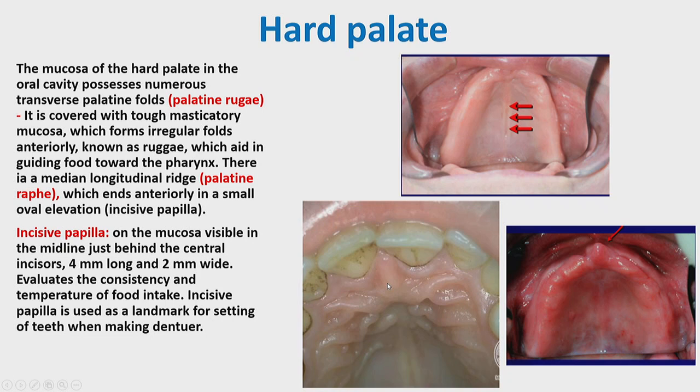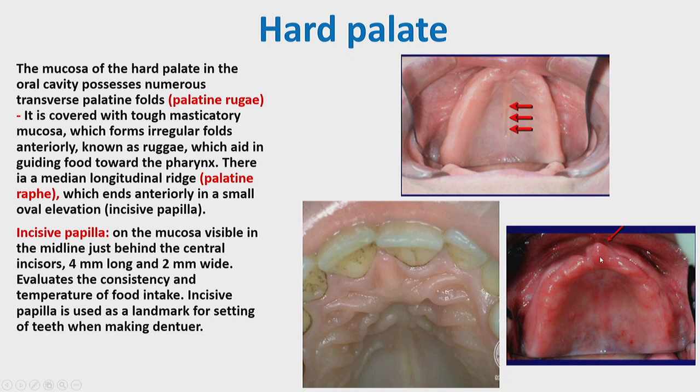When you are eating, there is very rich innervation here in the incisive papilla, and that is why it has an important role in evaluating the consistency and temperature of the food intake. This incisive papilla is also a landmark for when the dentist wants to make an artificial denture.